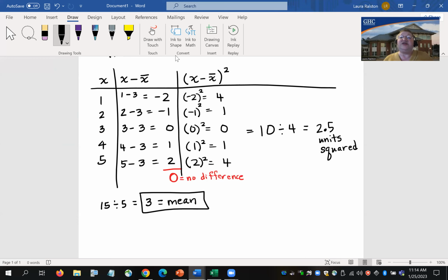I'm going to make a note here that it's lowercase. And for the sample, it is S, and we just say S. Those are your three measures of variation.